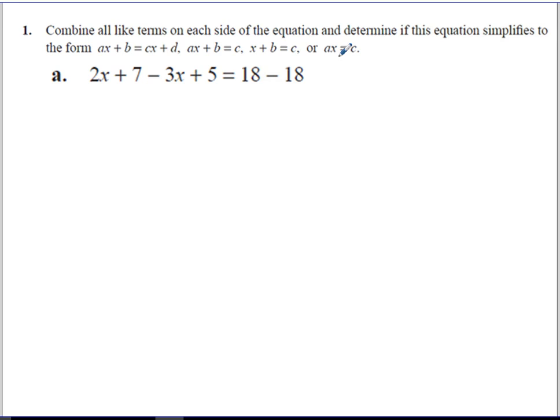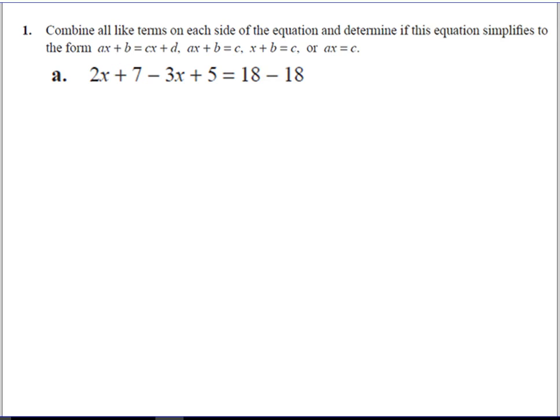So again, those are just different patterns that we might see where x is the letter x, the a, b, c, d's are just other numbers, whether they're attached to the x as a coefficient or being added or subtracted as a constant.